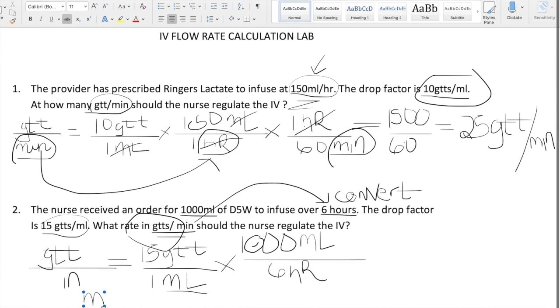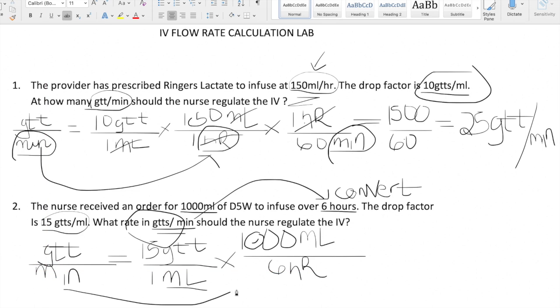But remember, they're asking for minutes, right? So now we have to convert. And in order for me to cross out the hours, what do you think I have to do? Yep, put the hours on the top and convert that to minutes on the bottom, because that's what the problem is asking me to do.